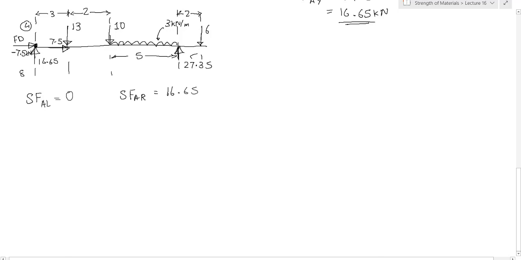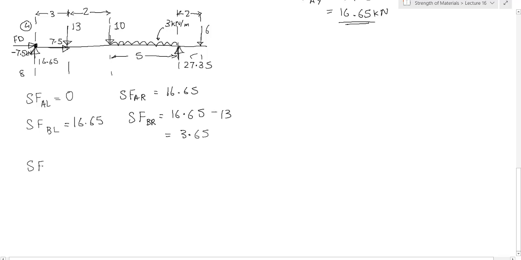Then shear force to the left of B. What will be the shear force to the left of B? Just 16.65. And shear force to the right of B, what will it be? Plus 16.65 minus 13. Right? So it will be how much? It will be 3.65.